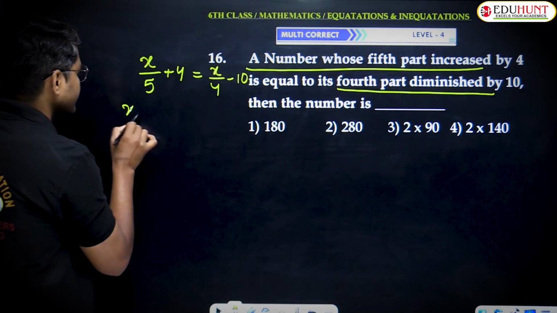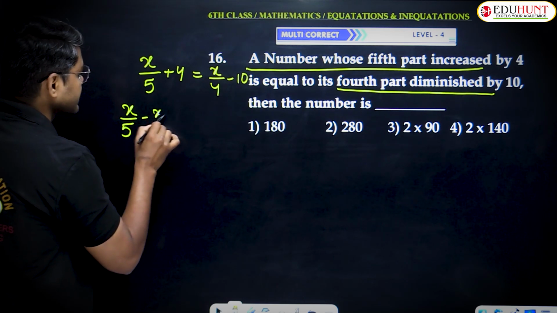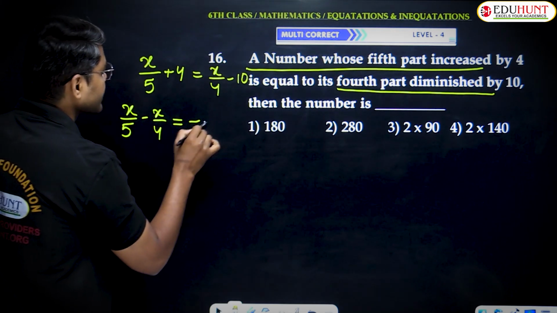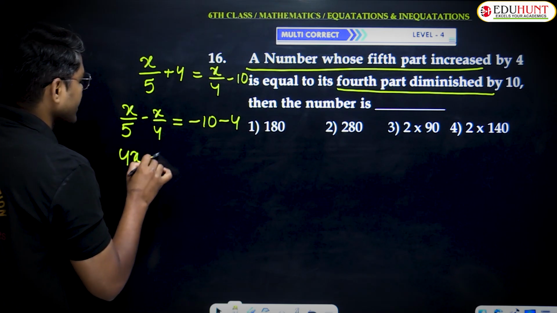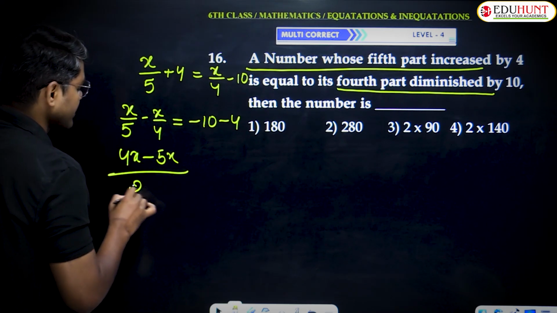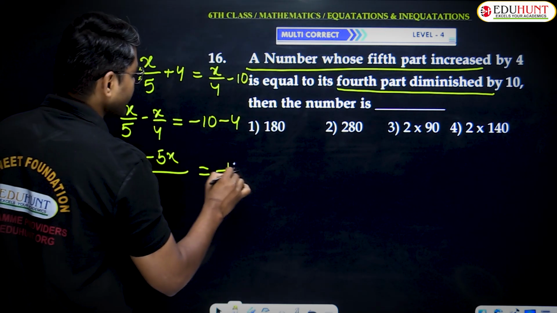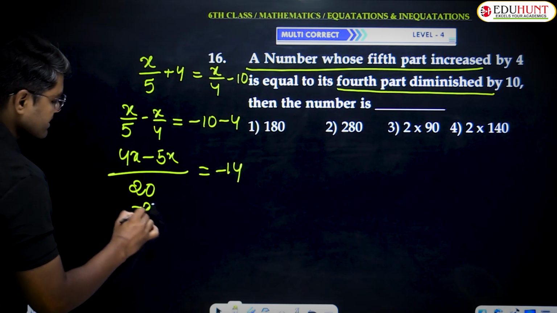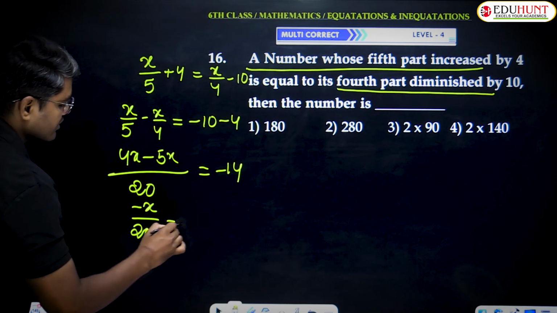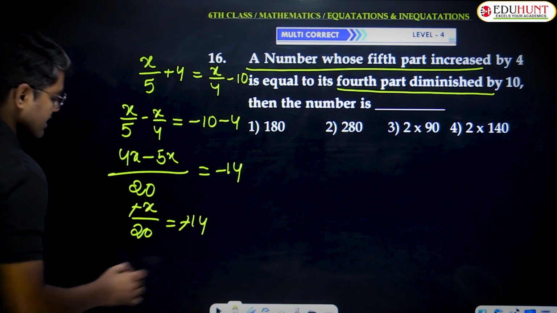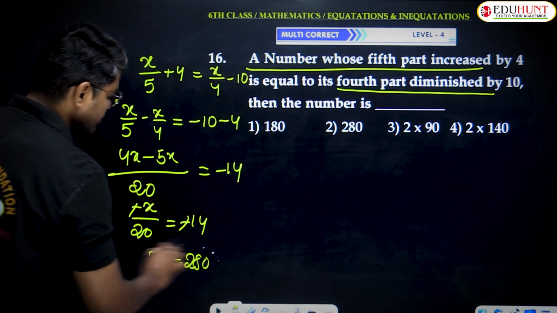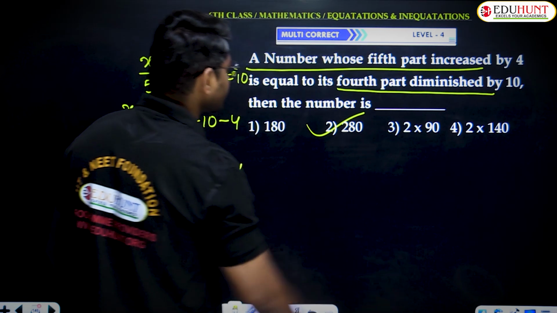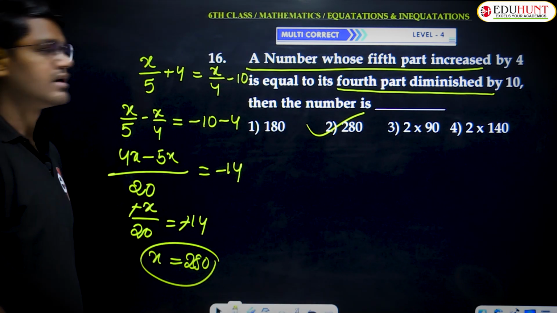Okay. So, x by 5 minus x by 4 equal to minus 10 minus 4. (4x minus 5x) by 20 is equal to minus 14. This is minus x by 20 equal to minus 14. Minus minus cancel. So, x is equal to 14 times 20, that is 280. That number is 280. Okay, right.